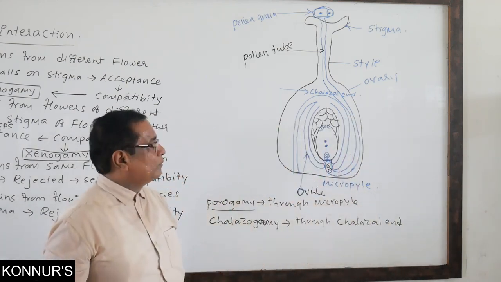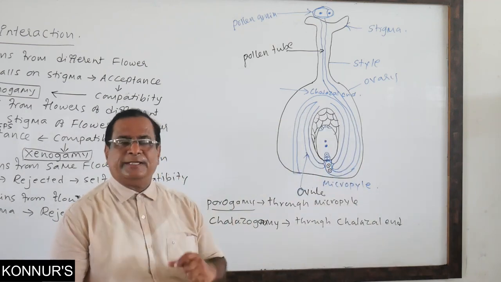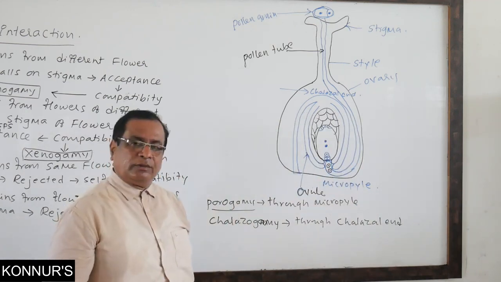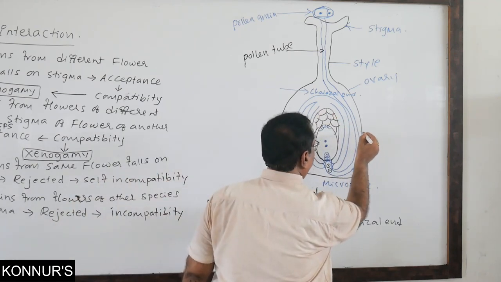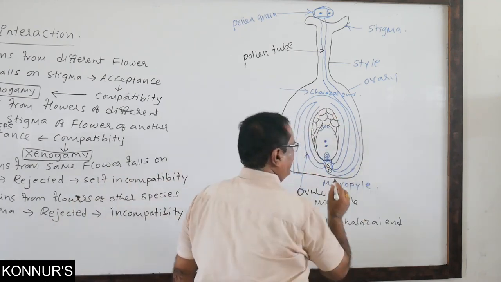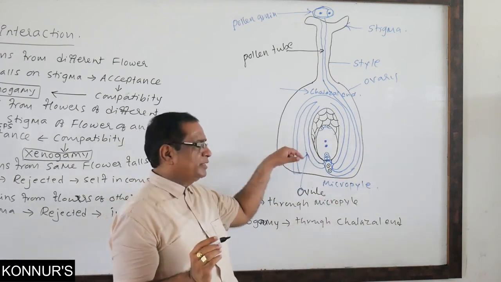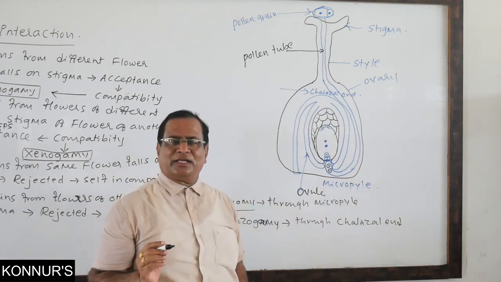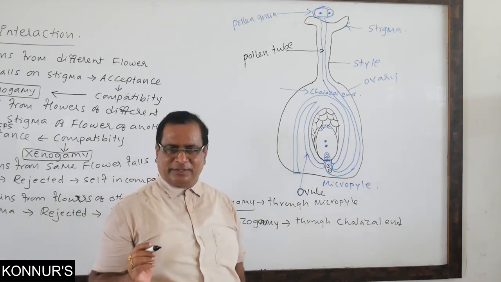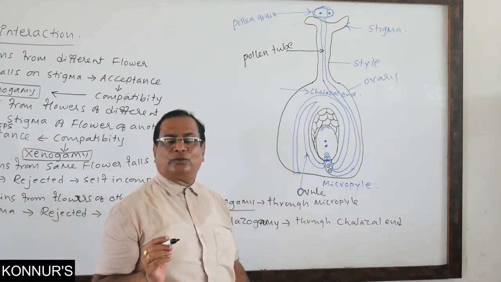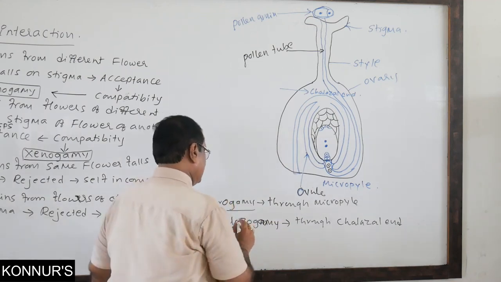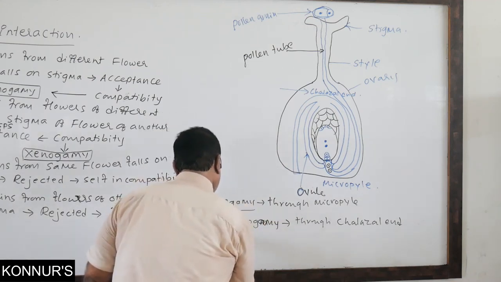In some plant species, the entry of this pollen tube is through the integuments, the coverings of ovules. It enters inside through the integuments. Where it enters into the ovule through the integuments, that is said to be mesogamy.